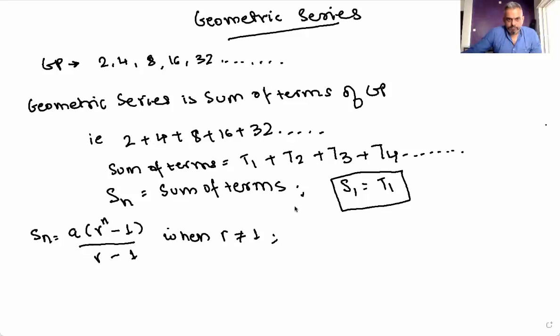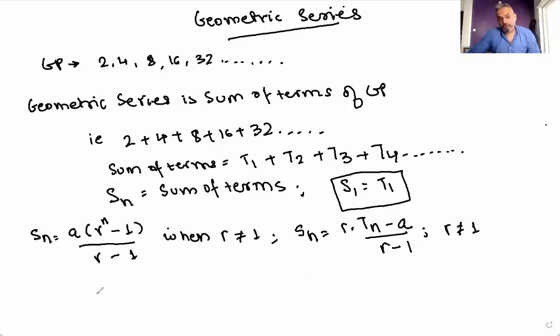Or S of n is equal to R into T of n minus A upon R minus 1, where R is not equal to 1. But the question comes, what happens when R is equal to 1?